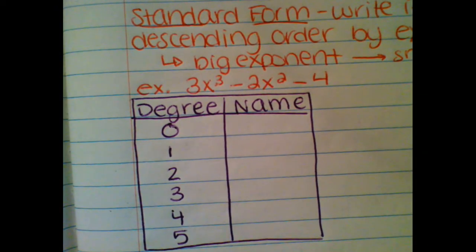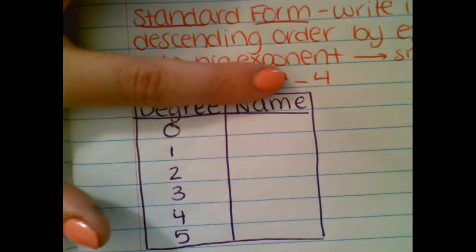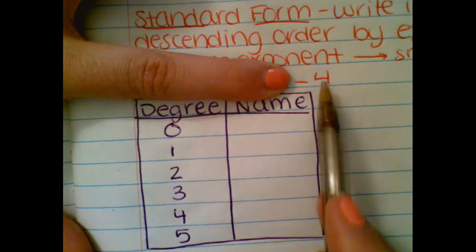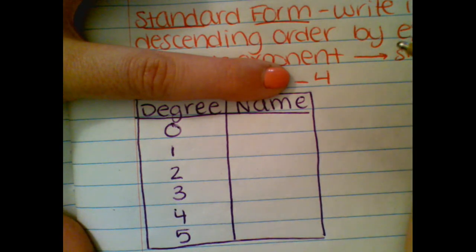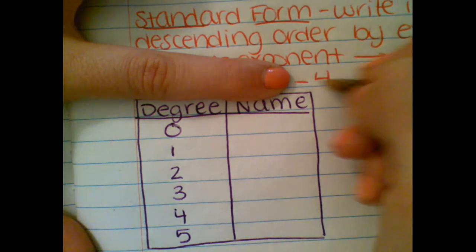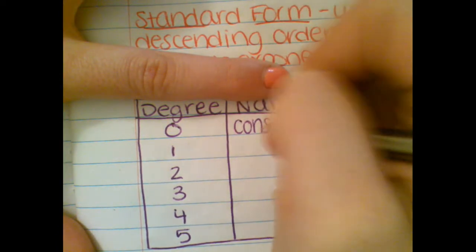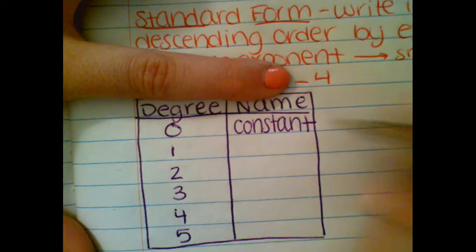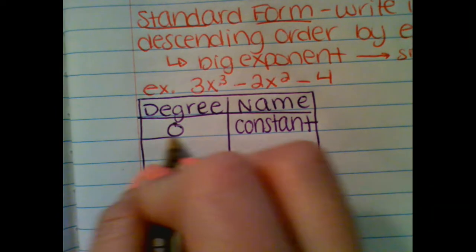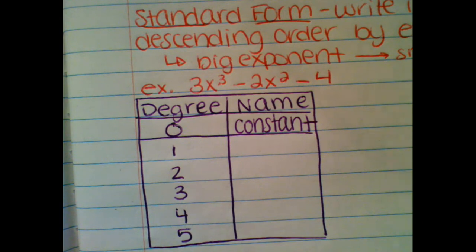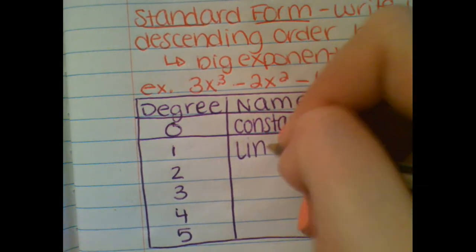So if there's no degree, basically, if I just gave you -4 and I said name that, there is no exponent. When there is no exponent at all and it is just a number, which we call a constant, that means that the word is also constant because there's no exponent. If your largest exponent is 1, that name is linear.